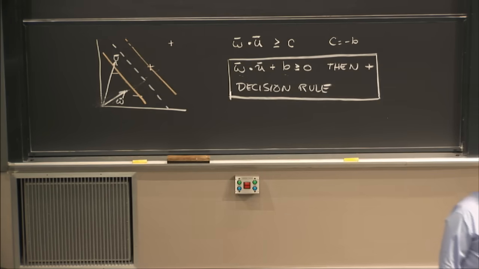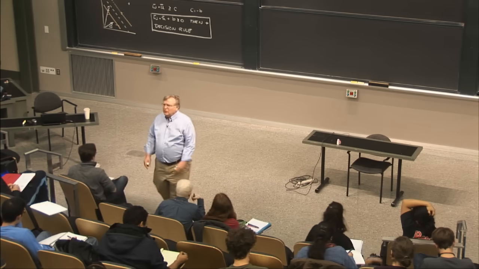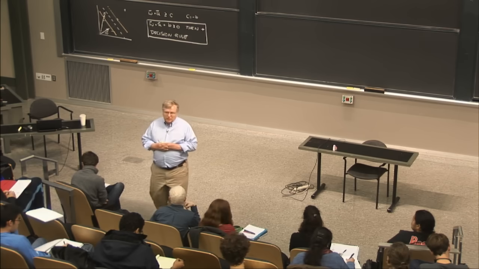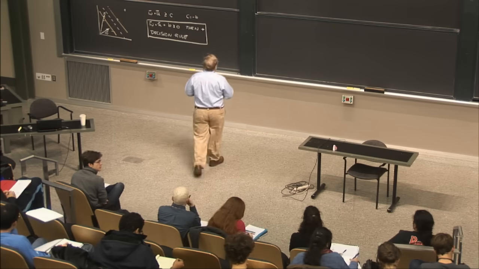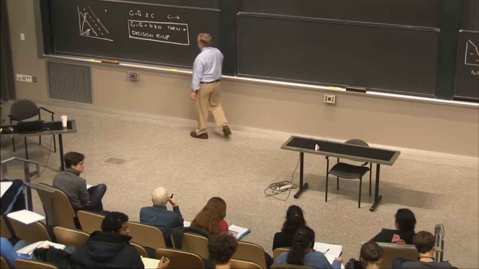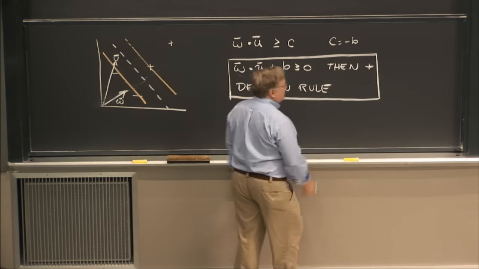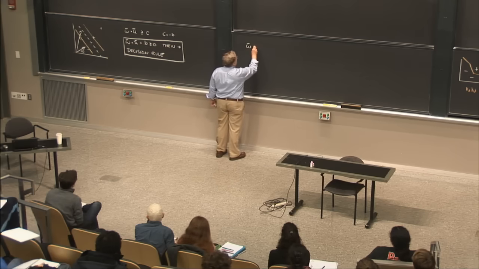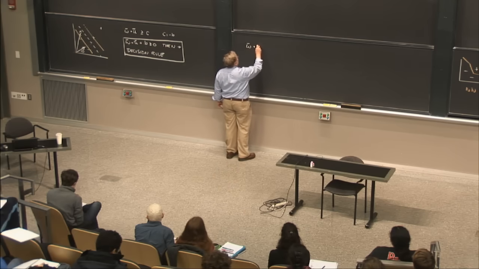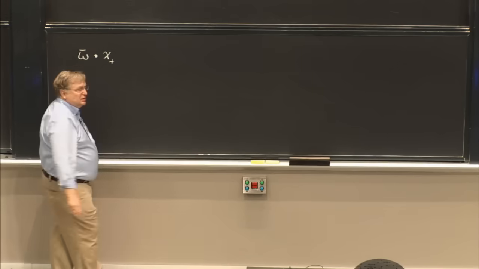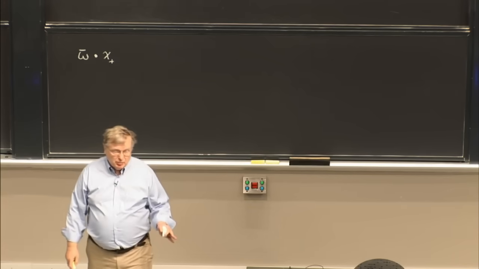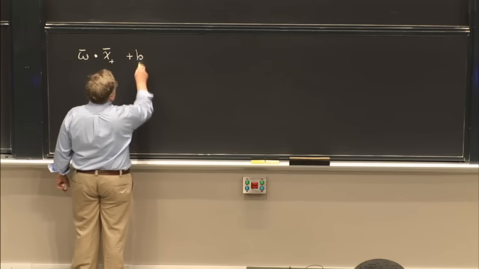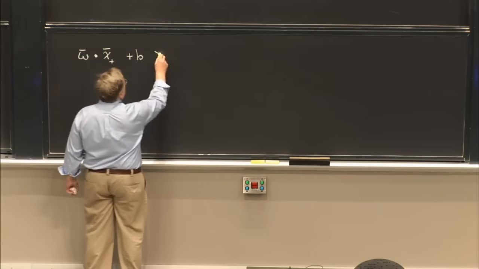What we're going to do next is lay on some additional constraints with a view toward putting enough constraint on the situation that we can actually calculate a B and a W. So what we're going to say is this: if we look at this quantity that we're checking to be greater than or less than 0 to make our decision, then if we take that vector W and take the dot product of that with some x plus, some positive sample now, this is not an unknown, this is a positive sample, and we add b, just like in our decision rule, we're going to want that to be equal to or greater than 1.